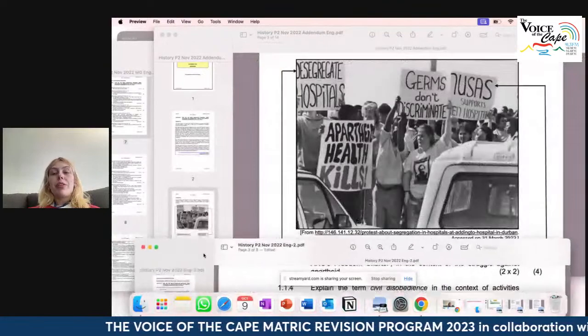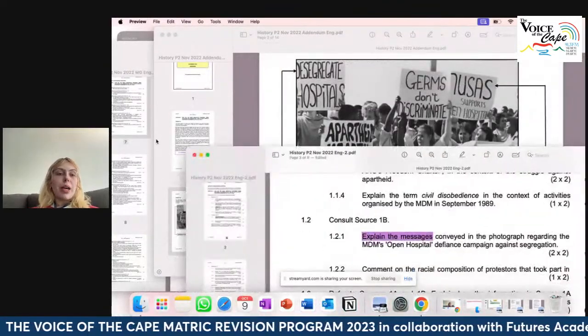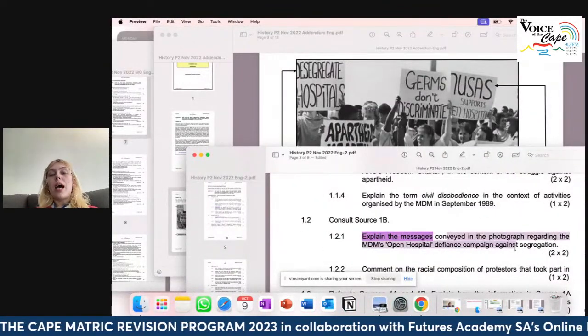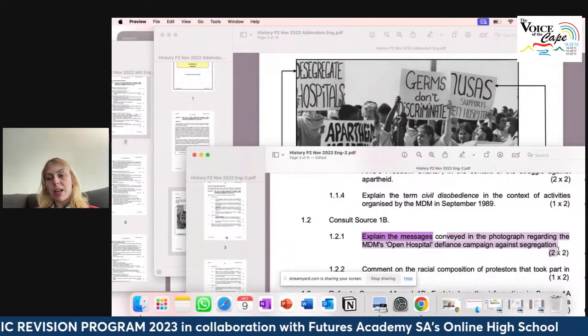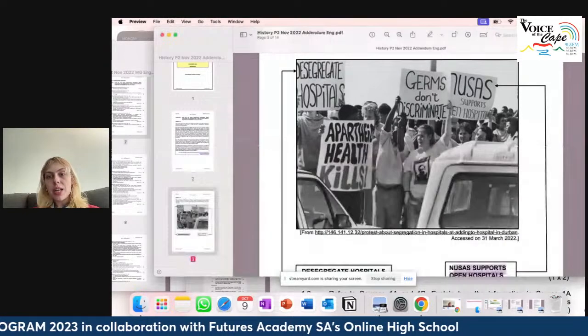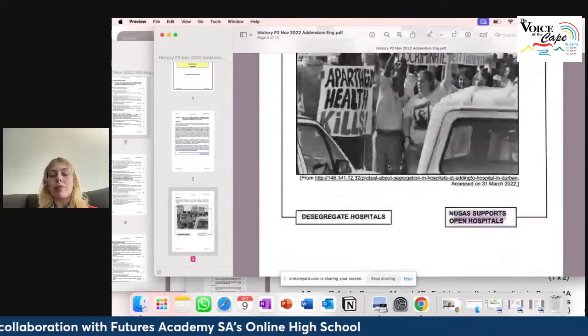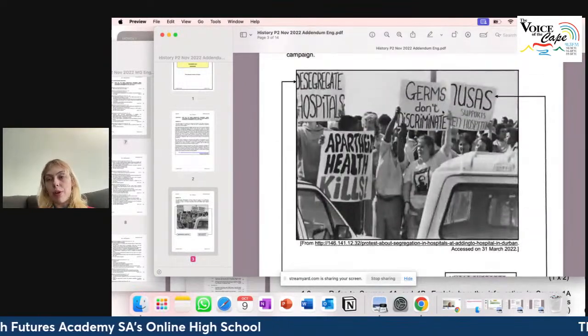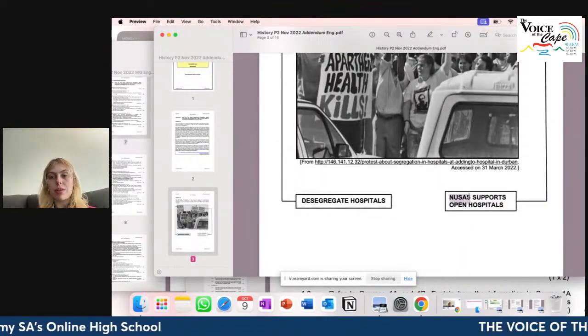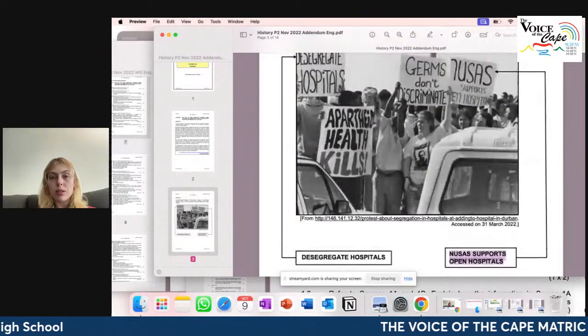So what this shows us in terms of the MDM's Open Hospital Defiance campaign against segregation is that a variety of groups were involved here, for example, with the NUSAS supports open hospitals.